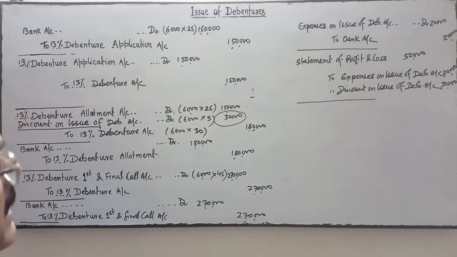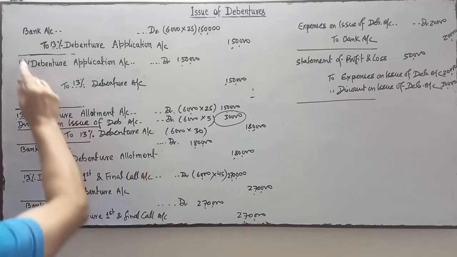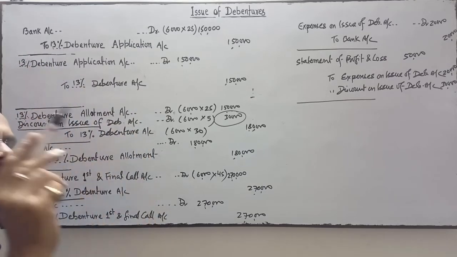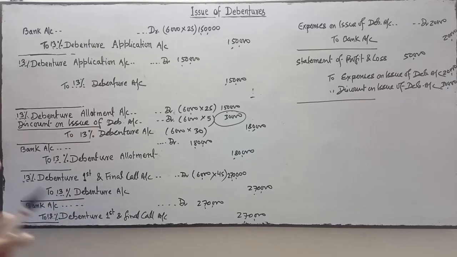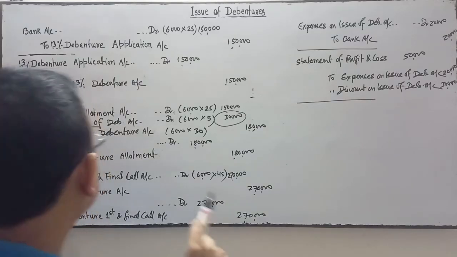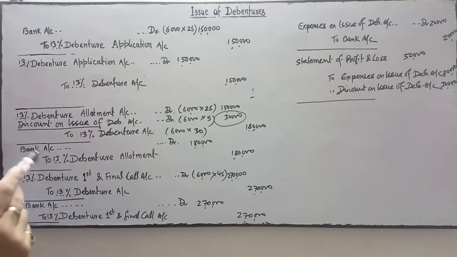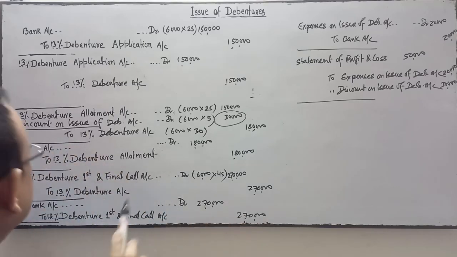Where the narration is concerned, narration is very simple. Being debenture application money received on 6,000 shares at the rate of rupees 25 per share. Here the narration will be being debenture application money transferred to 13% debenture account.